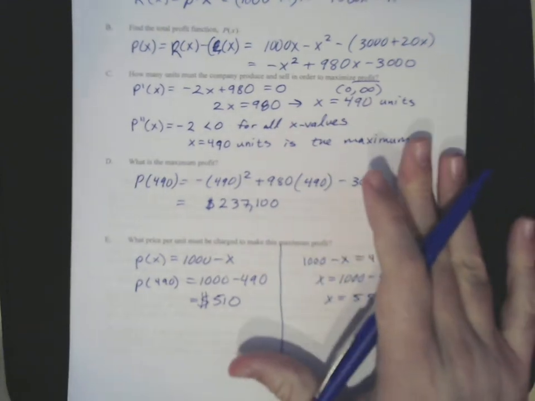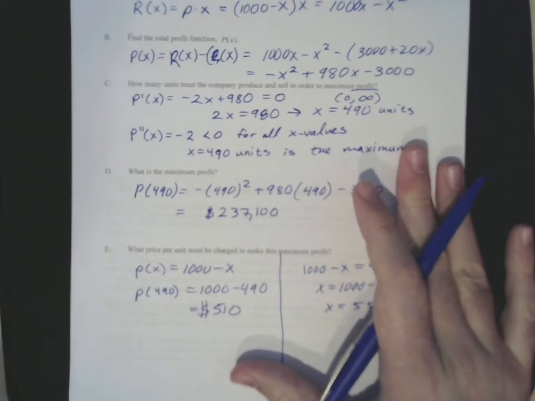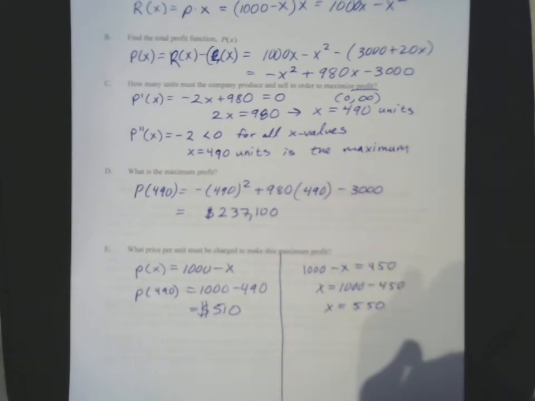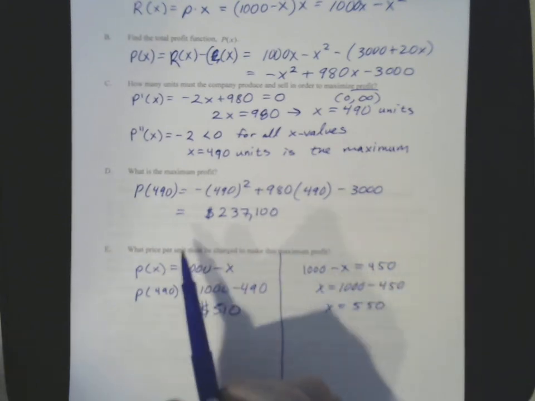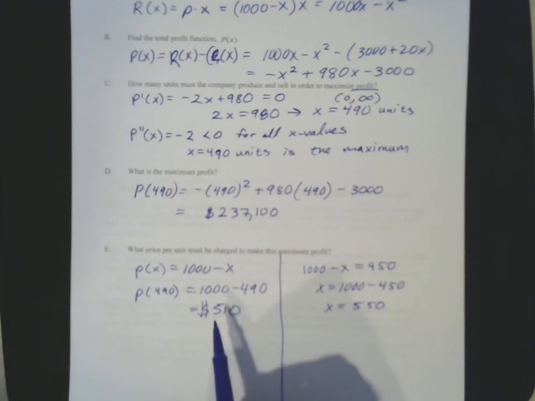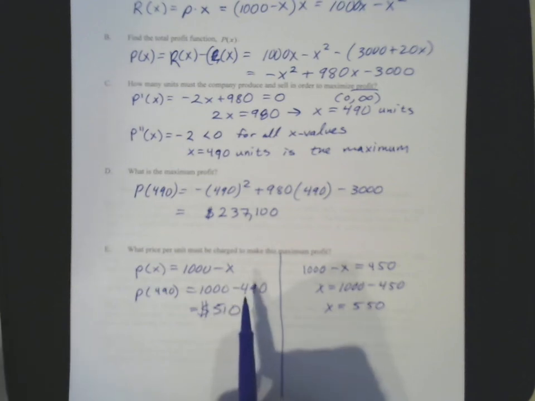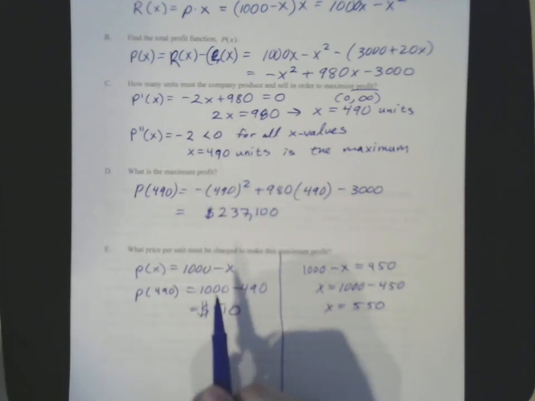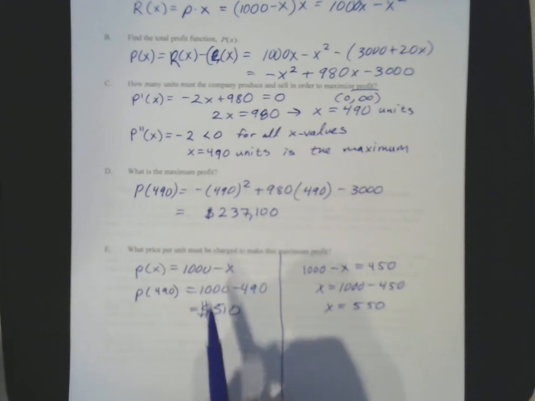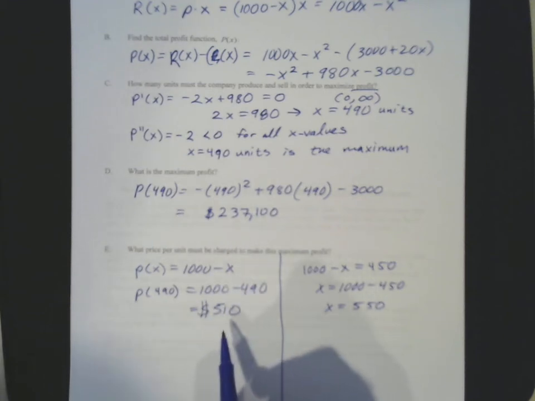So looking at maximum profit is very useful. Being able to know what your maximum profit is is useful, but it's not the only thing that you look at as a business. Because assuming you set this price, it doesn't mean that you're going to actually get there. Yes, this price of $490 or $510 may get you your maximum profit, but it also may not, because you're going to lose people.